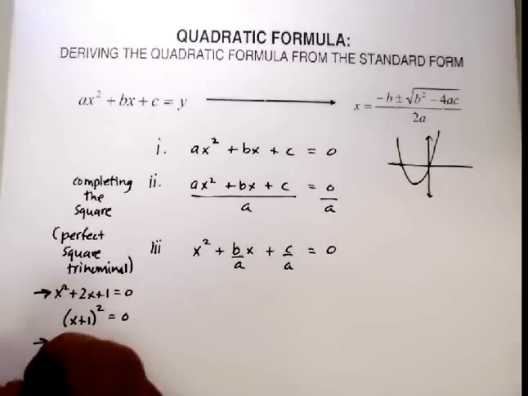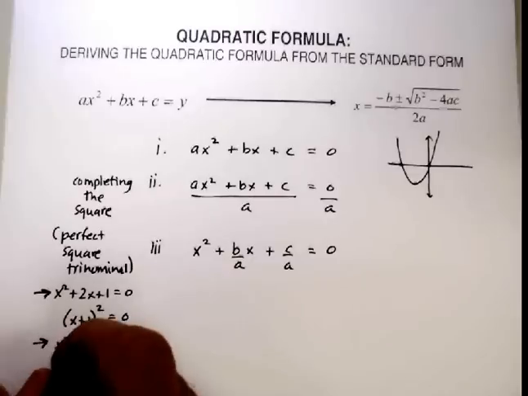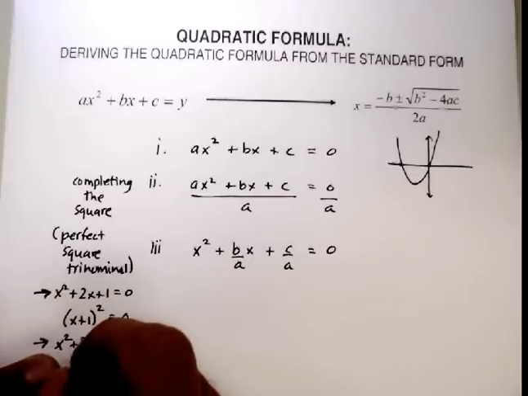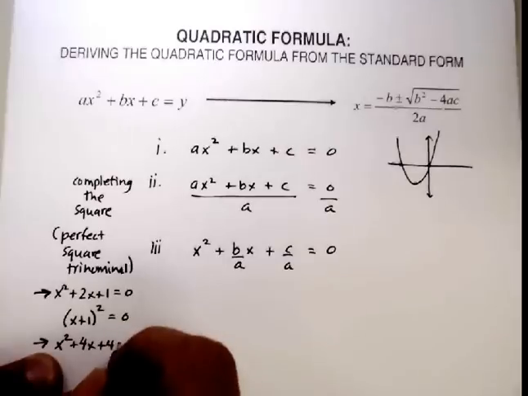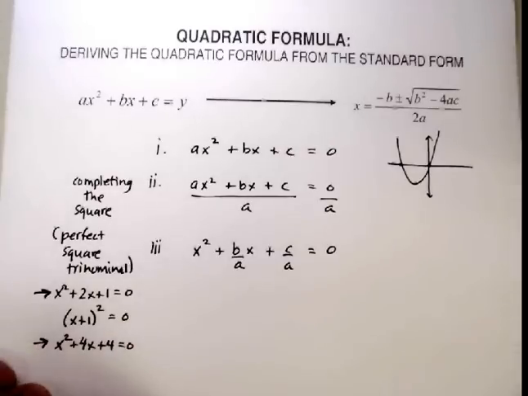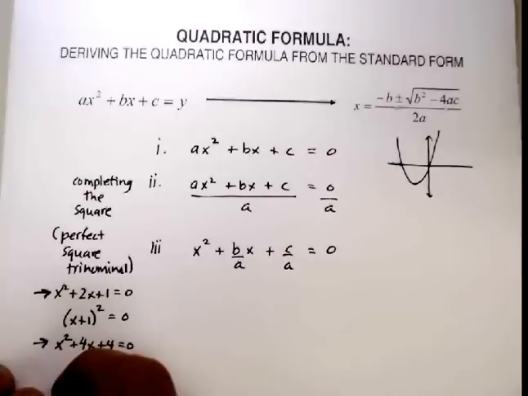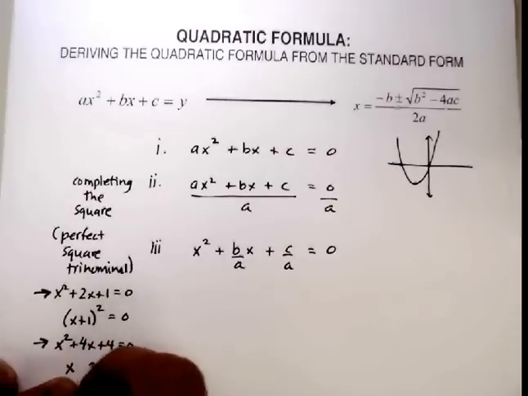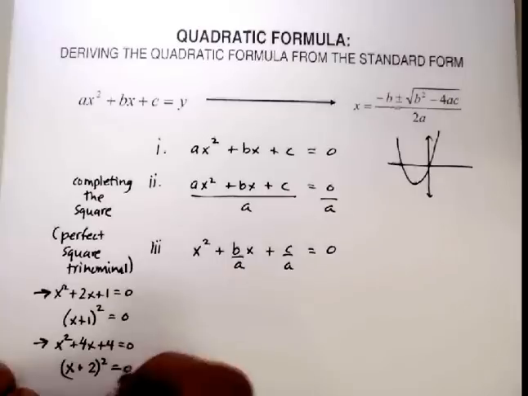Let's try it again with a different perfect square trinomial, say x squared plus 4x plus 4. What's the factored form of this perfect square trinomial? You take the square root of the first term, the square root of the last term, and then use the sign in the middle. And there's the answer.